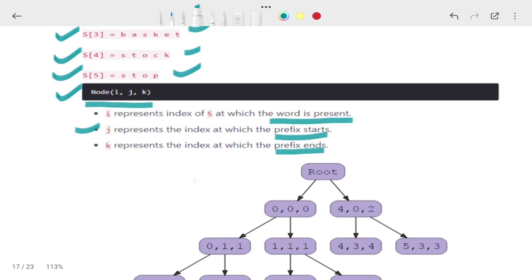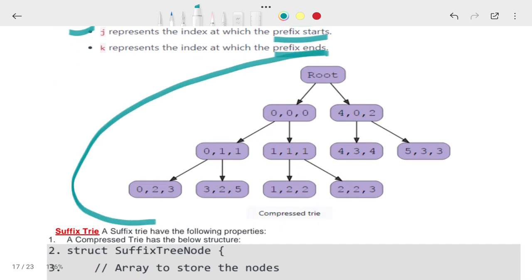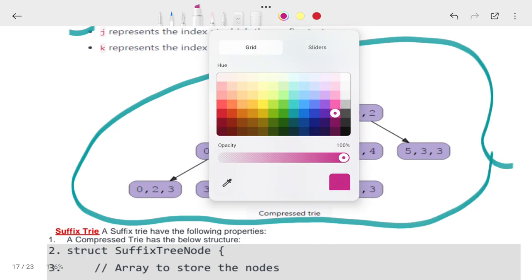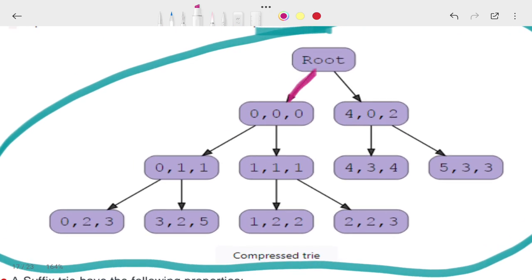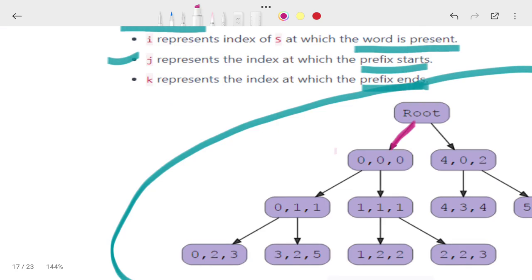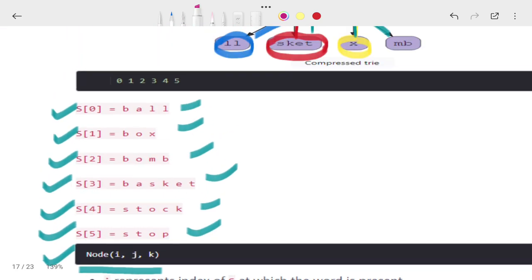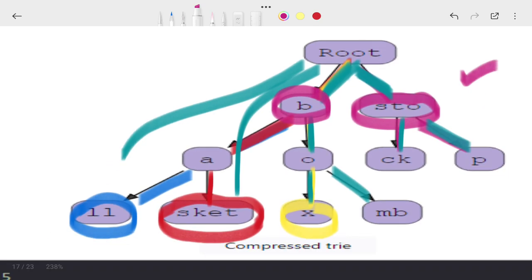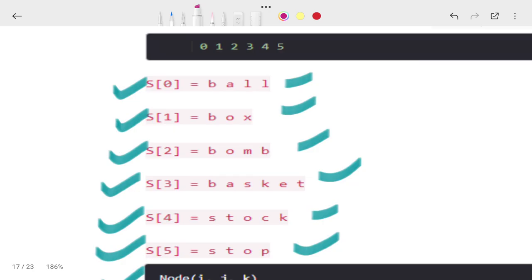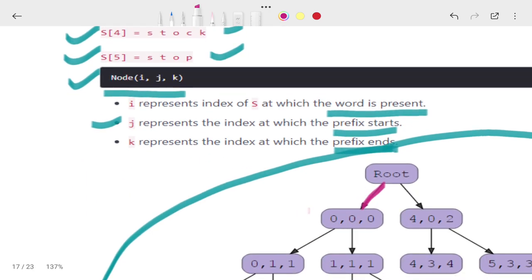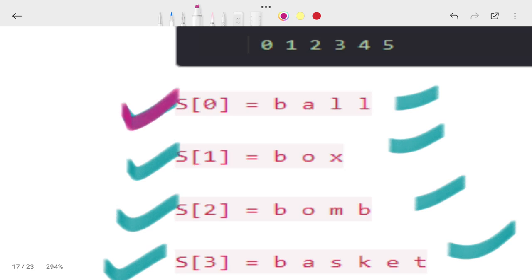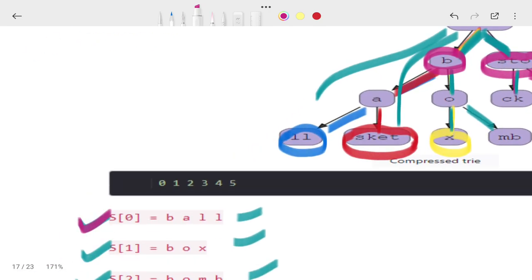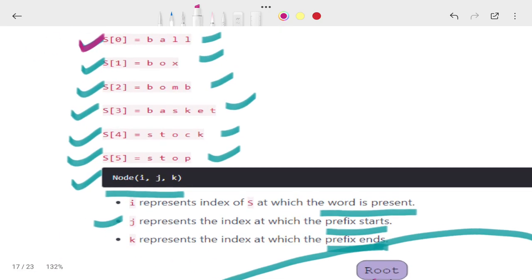Now you can see how we have written it. What is the meaning of this? I will explain. At first I have written 0 0 0. What is this 0 0 0? It is I, J, K. My data is B. My B is at index 0 in the array, meaning ball.